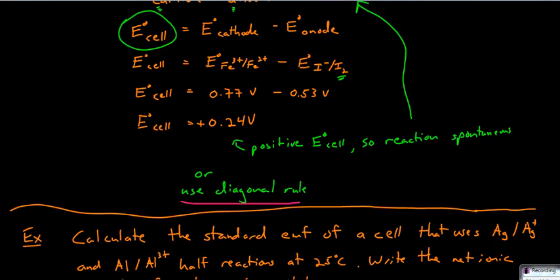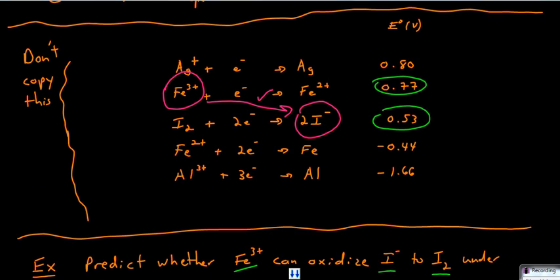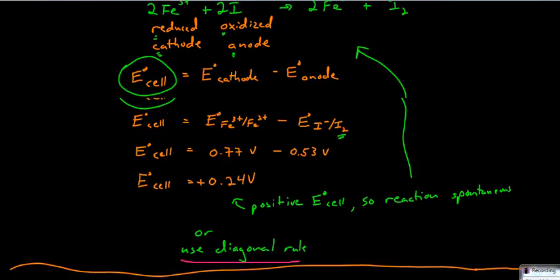So go up top, and we've got a system filled with silver and aluminum. What will be the spontaneous reaction that's occurring? Silver ion will react with aluminum. Diagonal rule says those will react together. And so that allows us to predict what will happen.